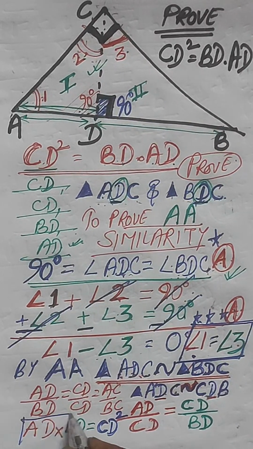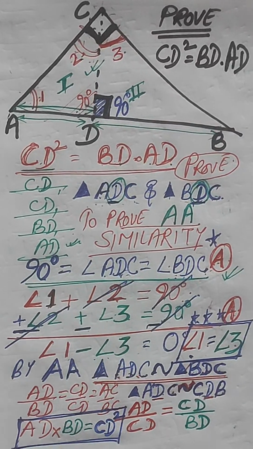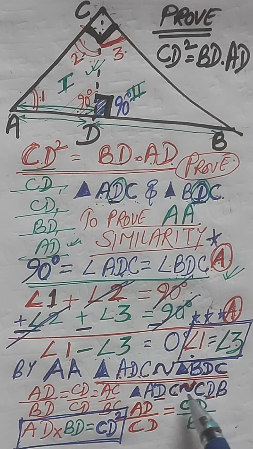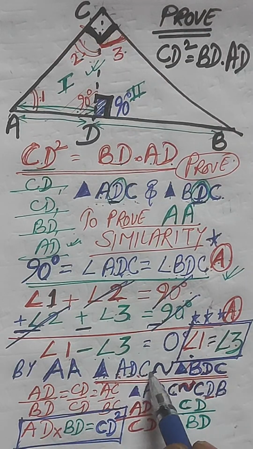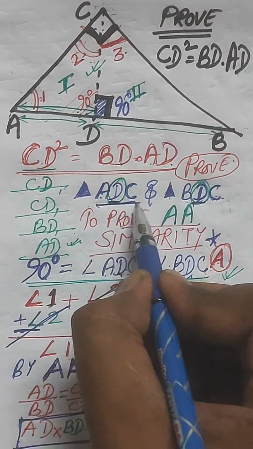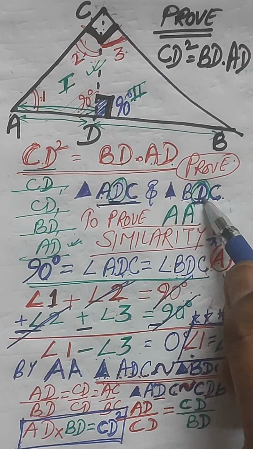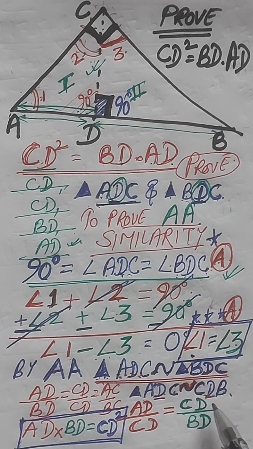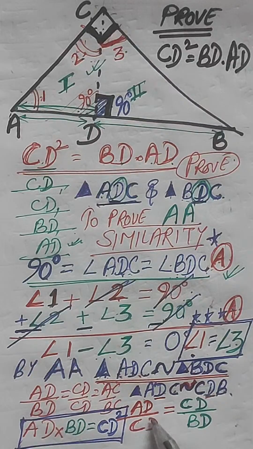So in this way, we have proved our requirement. The only thing we changed is the sequence of the name of the triangle. ADC will remain as it is, but instead of BDC, it should be CDB. Here, CDB. That's why, unless and until you write it like this, it will not come. This is what we need to prove.